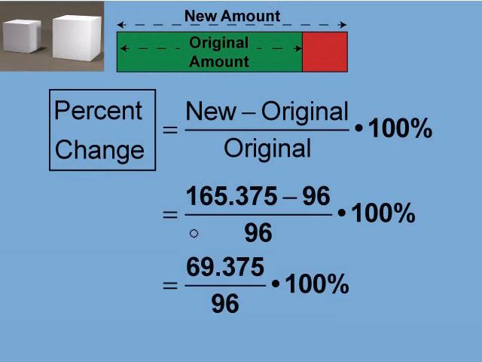The fraction simplifies to this, and we get an approximate percent increase of 72.27%. So as you can see, a small increase in the side length of the cube had a dramatic impact on the surface area. Now let's look at the volume.